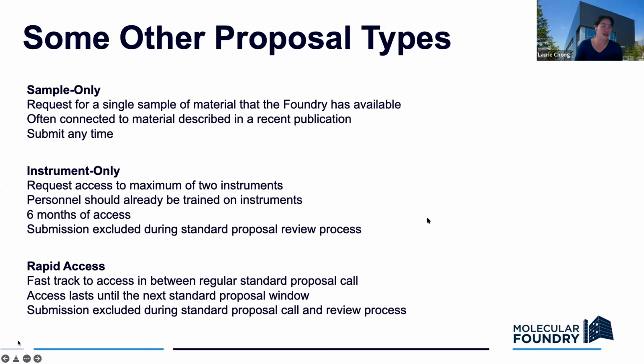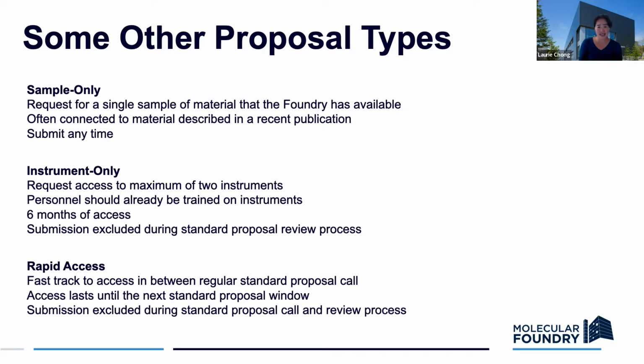Okay, so what I've just described is the Foundry standard proposal. We also have a few other types of proposals, which include sample only, instrument only, and rapid access. The first two are if you have a very specific, very small scoped need for a specific material or a specific instrument at the Foundry.